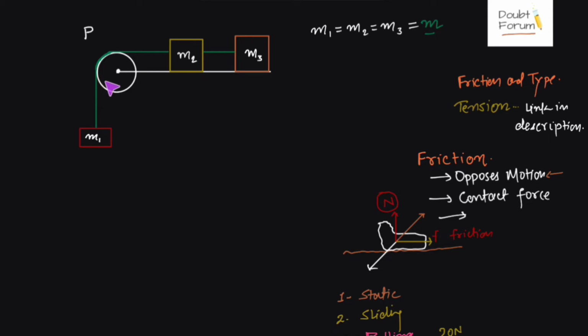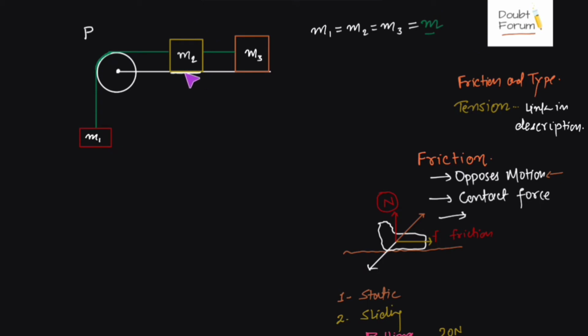What about this mass? This mass is lying on a table, and there is force of friction between this surface. So when this string pulls this mass to the left side, there would be friction which would oppose this motion. That is the reason this string and this string are separated by a portion where force of friction is working.